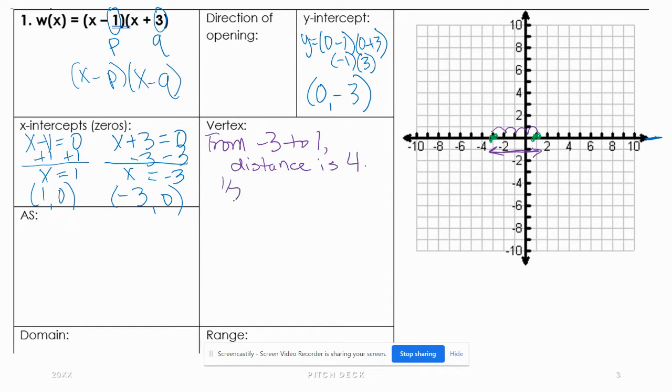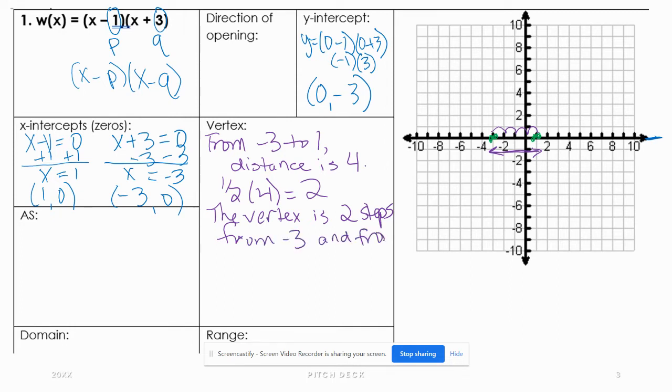We want half that distance, which is 2. That means the vertex is 2 steps from negative 3 and from 1. That's what that means.